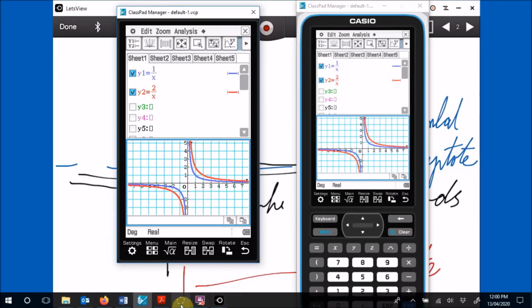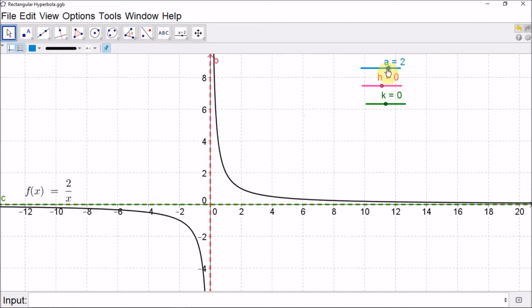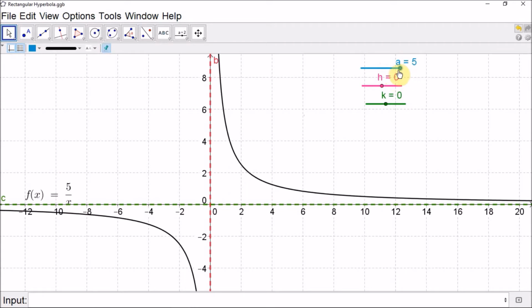Now I've got another graphic that shows that. So here we go. f(x) is just another way of writing y. It's called function notation. We'll get to that at some point this year. So we've got our normal 1 on x, and this 1 here I can change by using this blue slider, to 2, to 3, to 4, to 5.